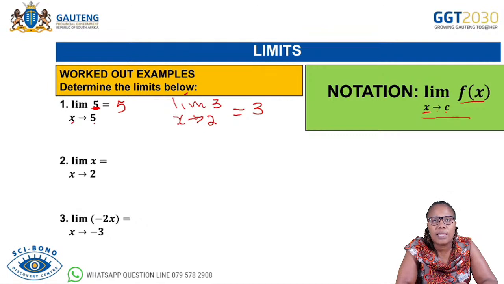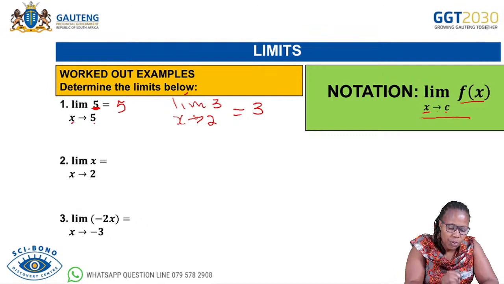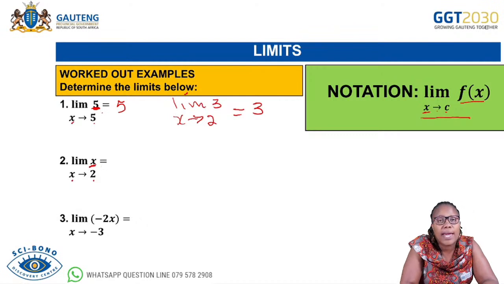Let's take the second example. We are having the lim of x, and x is now approaching 2. The difference between the first and the second one is that now we are having x in our expression. In the case where you have an x, you ensure that there is no factorization or simplification that you must do on your f(x).